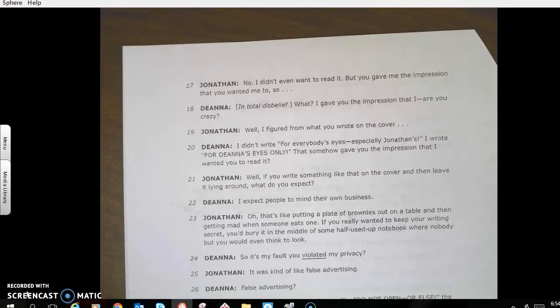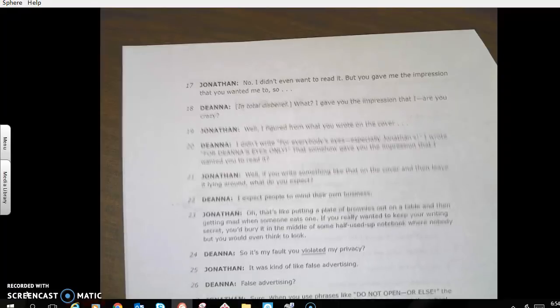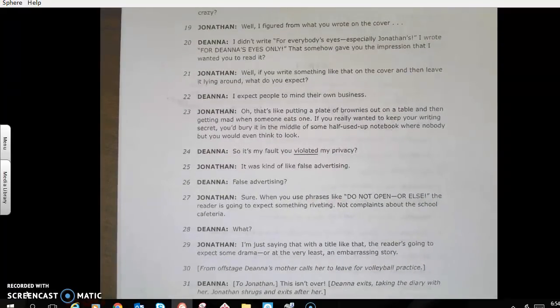That somehow gave you the impression that I wanted you to read it. Jonathan: Well, if you write something like that on a cover and then leave it lying around, what do you expect? Deanna: I expect people to mind their own business. Jonathan: Oh, that's like putting a plate of brownies on a table and then getting mad when someone eats one. If you really wanted to keep your writing secret, you'd bury it in the middle of some half-used up notebook where nobody but you would even think to look. Deanna: So it's my fault that you violated my privacy?